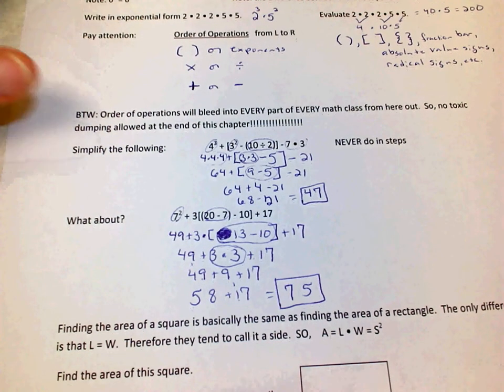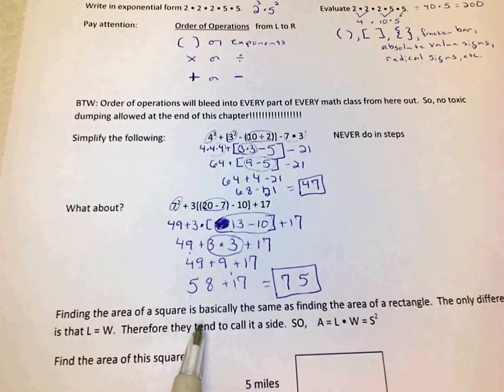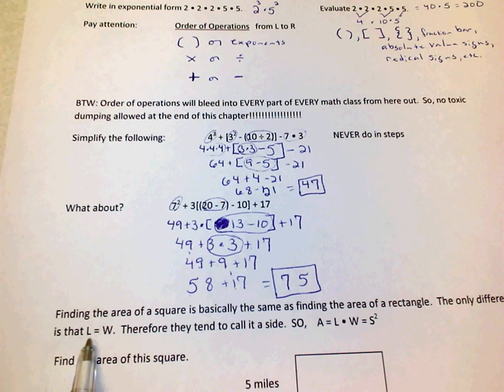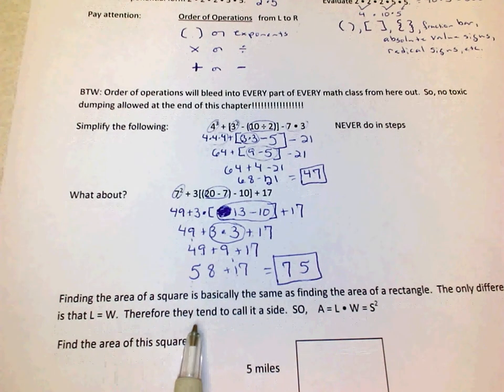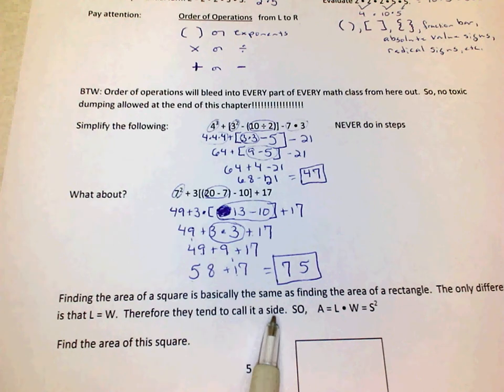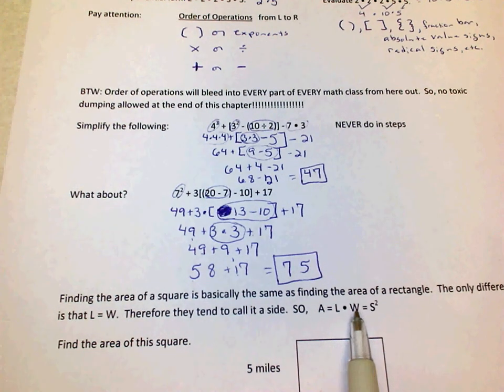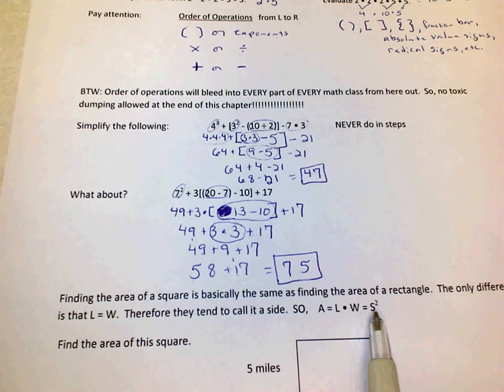Finding the area of a square is basically the same as finding the area of a rectangle. The only difference is that the length is the same as the width. Therefore, they tend to call it a side, or S. So area is length times width. And can you continue using that? Absolutely. But you could also use the shortcut of S squared.